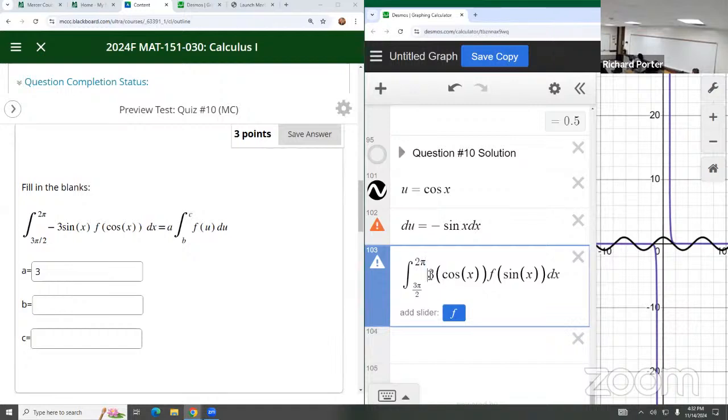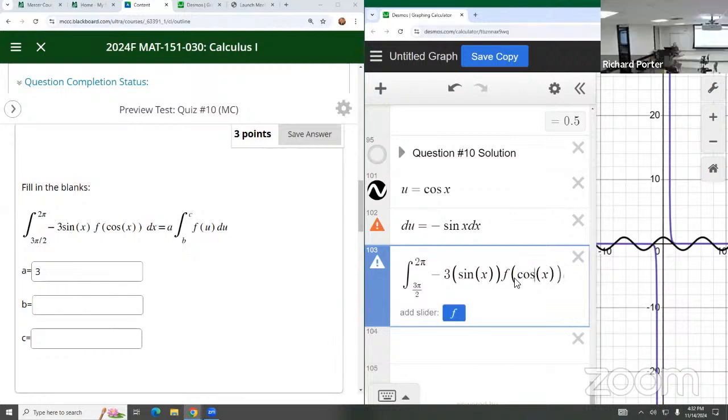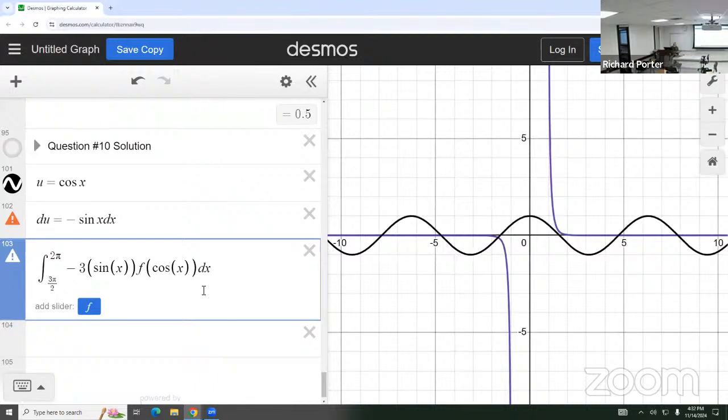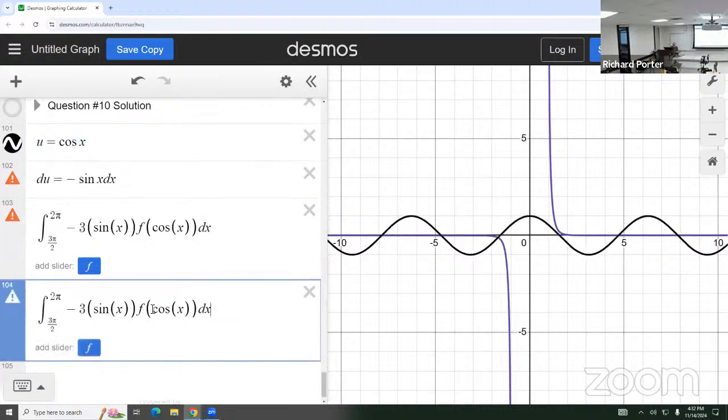And there's a minus 3 in there, and this is a sine, this is a cosine. So this is the problem that we have. And we let u equal cosine. So this is going to be u.